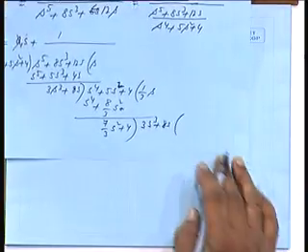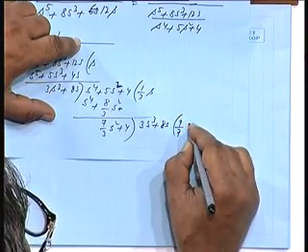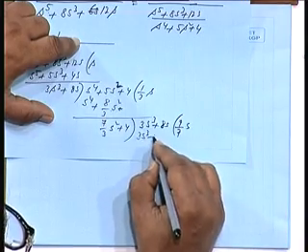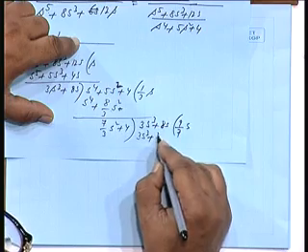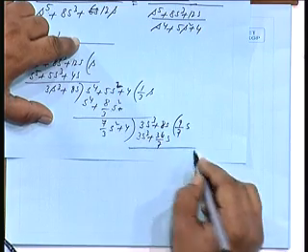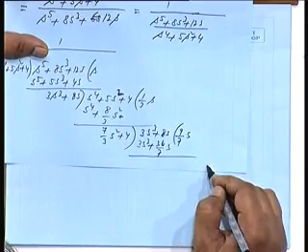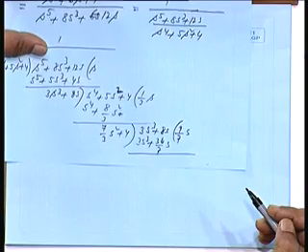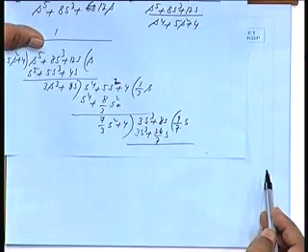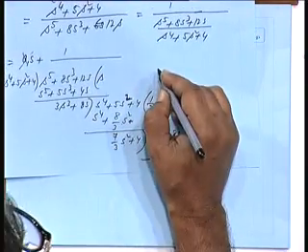If I carry out further, this will be 9 by 7 s, all right, that will give me 3 s cubed plus 36 by 7 s, all right. You keep on dividing and finally, you will be getting a 0 residue, all right, and these are the quotients.